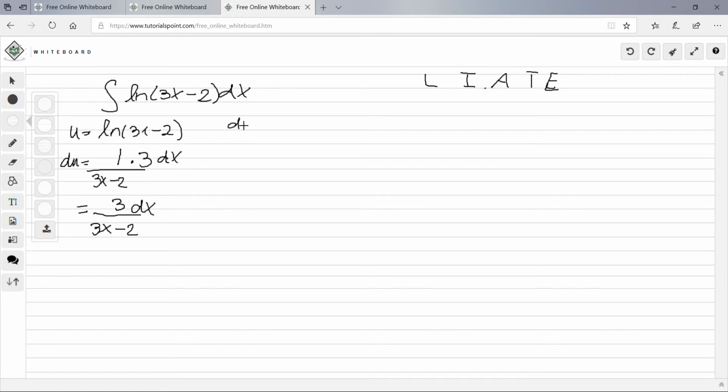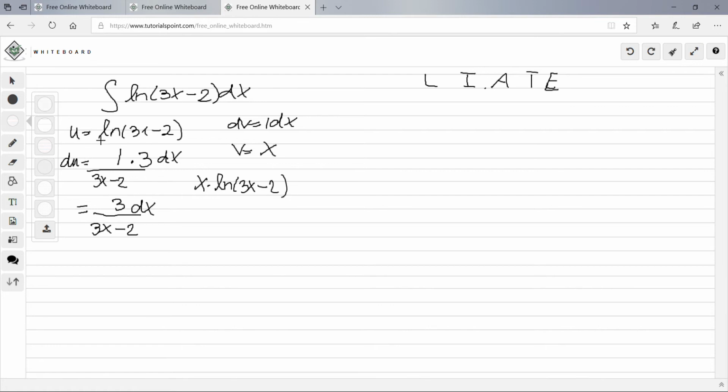Our dv is just 1 dx, or just dx. And if you take the integral of that, it should just be x. So we got our u times v is x times ln of 3x minus 2, right?